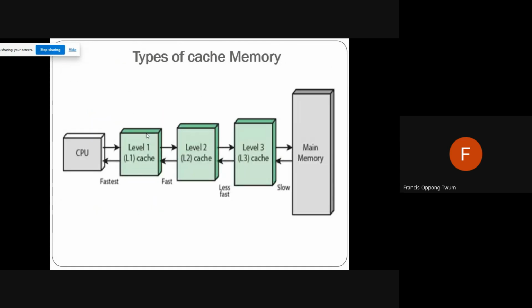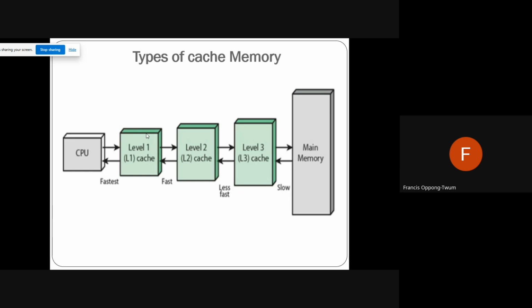Please, this thing is not anything difficult. You can see the diagram that I've shown you: we have the CPU and the main memory, and you see that the L1 cache is closer to the CPU, and it is faster. And we have the L2, closer to the L1 cache, and then the L3 cache.